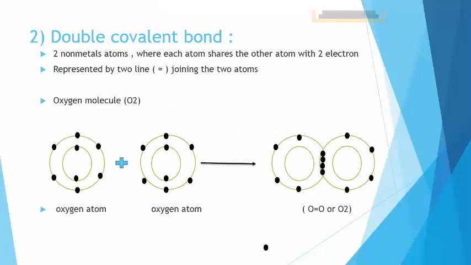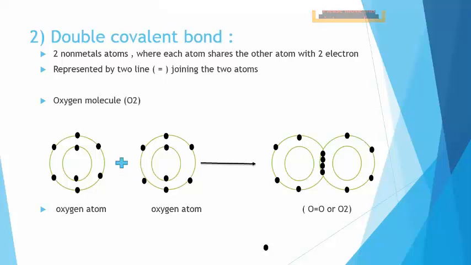The second type is double covalent bond. It happens between two nonmetals, but in this case each atom will share 2 electrons. So a single covalent bond has 1 electron, a double has 2 electrons, and a triple covalent bond has 3 electrons.